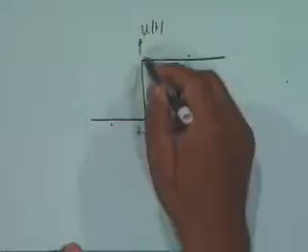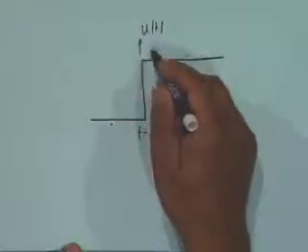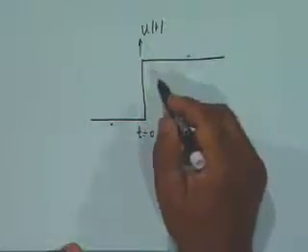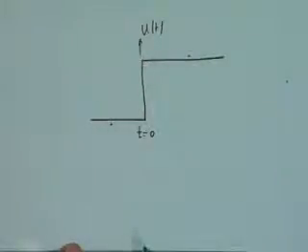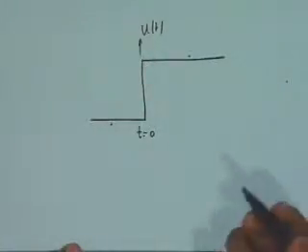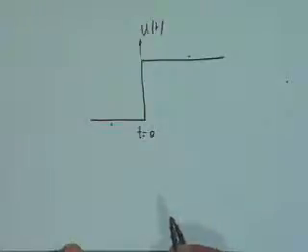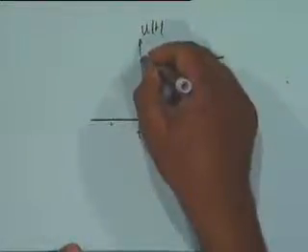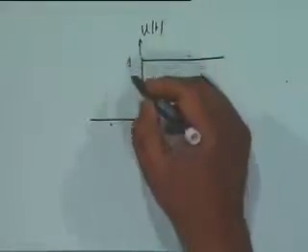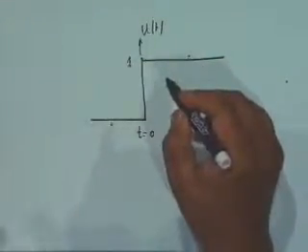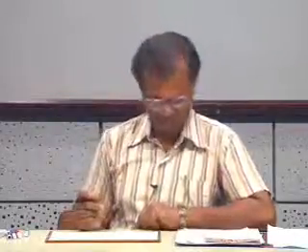However, d by dt, in the strict mathematical sense, is not defined at t equal to 0, because it is a discontinuity. Differentiation is not possible at a discontinuity. However, if you see physically, it goes from 0 to a finite amplitude 1 in no time, 0 time, and therefore change of amplitude divided by change of time is infinity, and therefore it stands to reason.